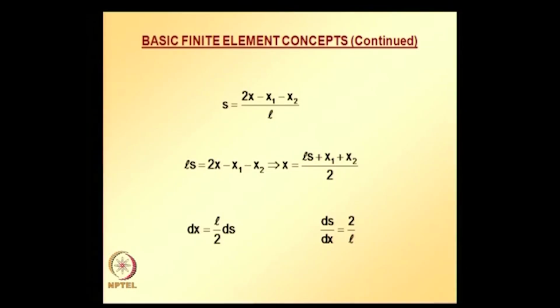Jacobian has a physical meaning. For a 2 node element like this, it is going to be half the length.